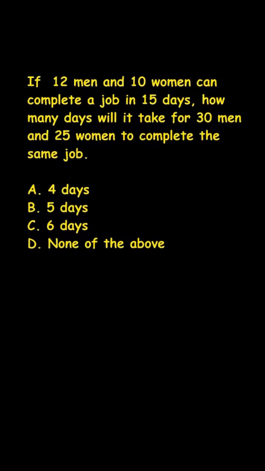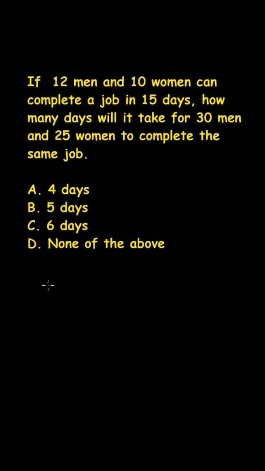Similarly, if the number of people decreases, what would happen to the number of days it will take these people to complete the job? So far you are able to answer these two questions, then you should be able to conclude what kind of proportion this question is related to.